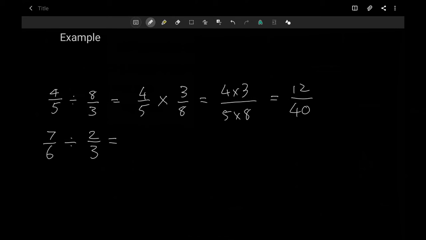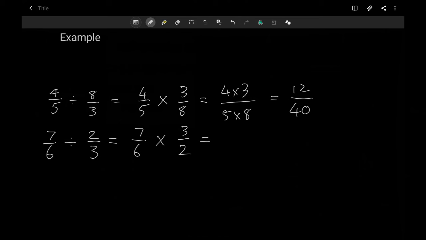Step one, that's right, we rewrite the first fraction. Step two, that's right, we change the division into a multiply. And the final step, we invert the second fraction. That's right, 3 over 2.